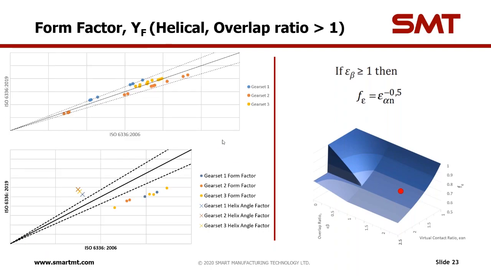So again, we are actually on the same slope, and we are looking for a complete design, which we would look at later on in slightly more detail. Here we have 3 different gear sets, and they are all calculated according to equation 14, which is helical overlap ratio greater than 1.